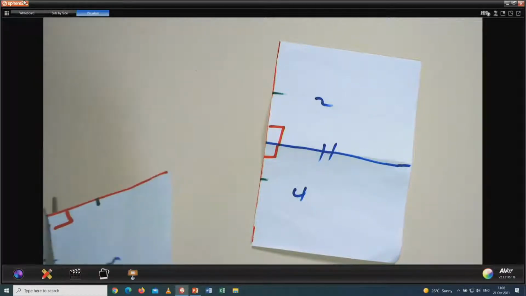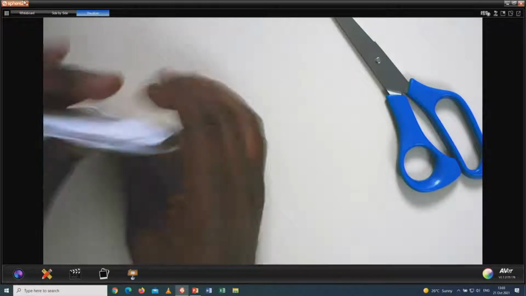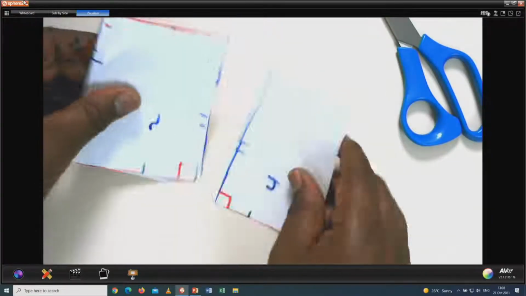Because we want to move to similarity now. They are all congruent.